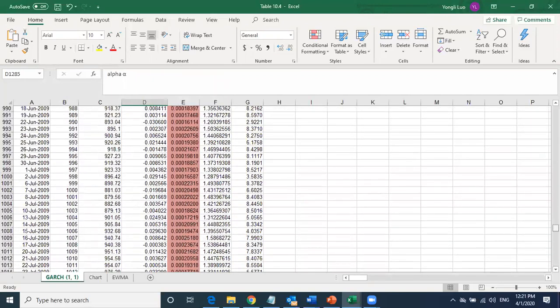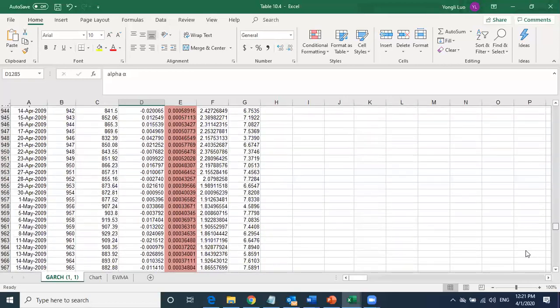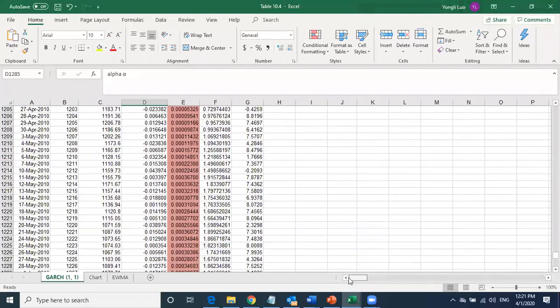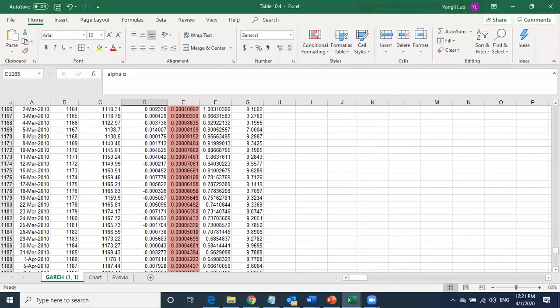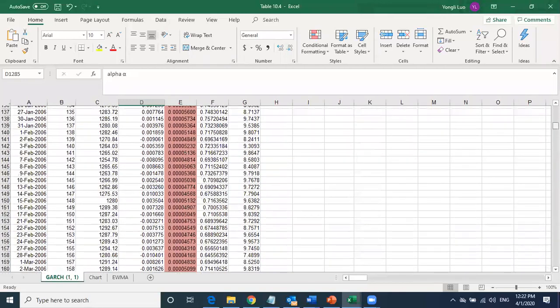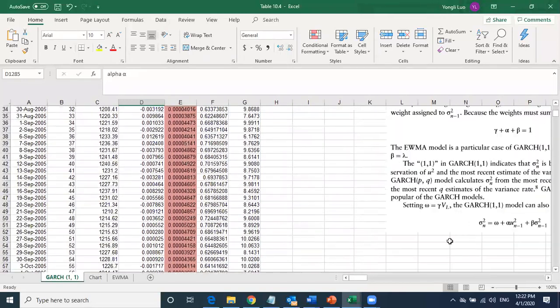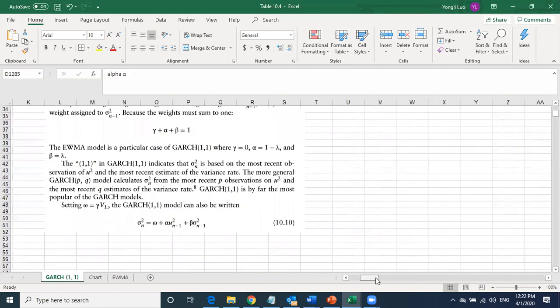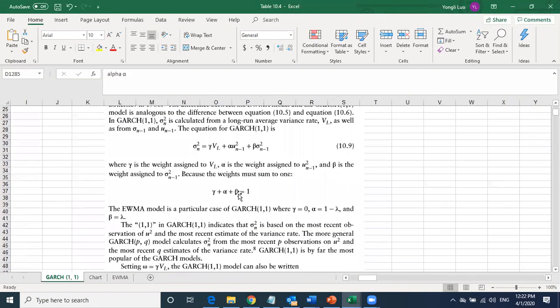Okay, so the next step that we talk about is the GARCH model, where you have the alpha and the beta and the gamma equal to 1. When you estimate that, what is the gamma?